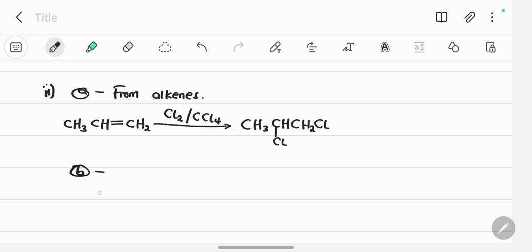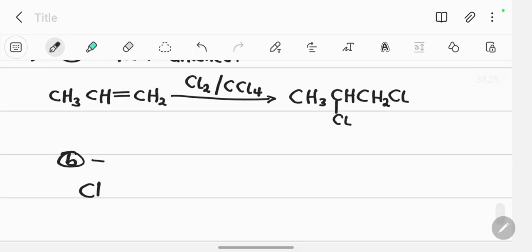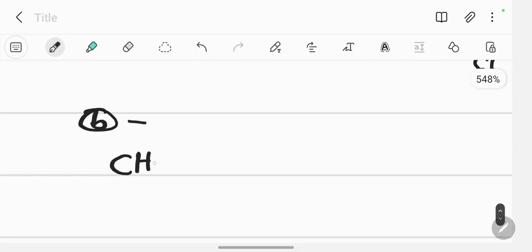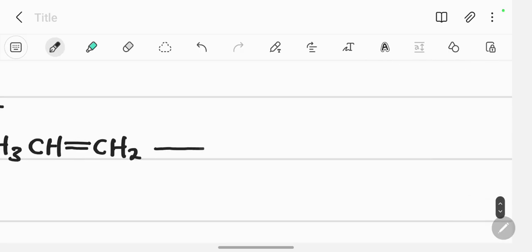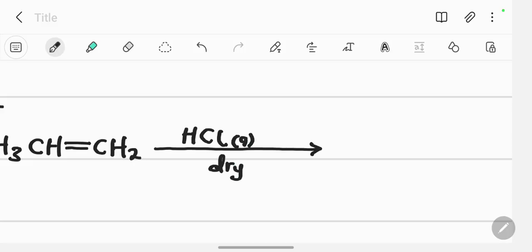if I decide to say maybe my CH3, CH, double bond, CH2, then I put in hydrogen chloride, and it's in gaseous state, and this hydrogen chloride is dry.